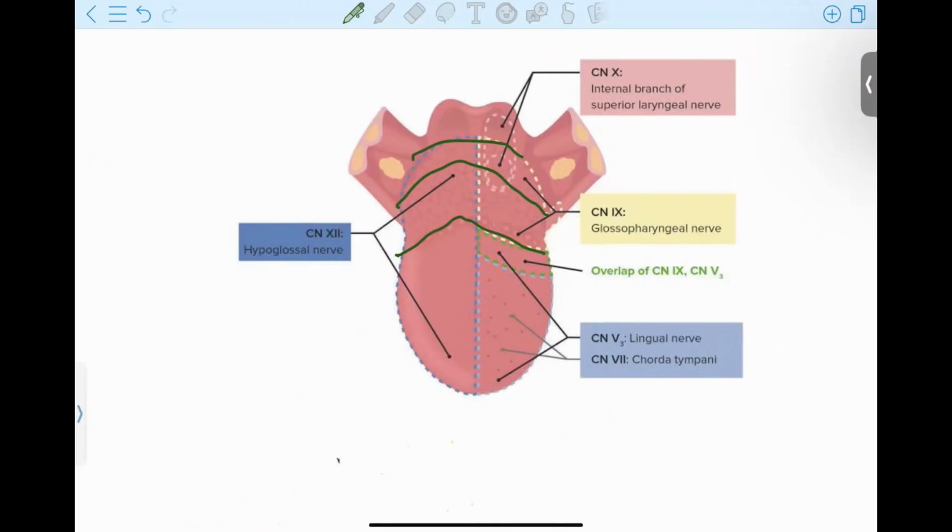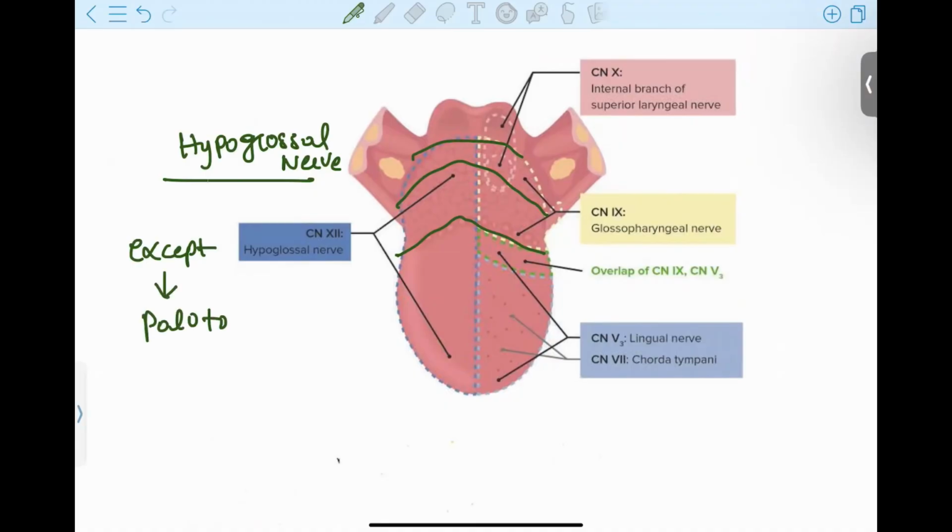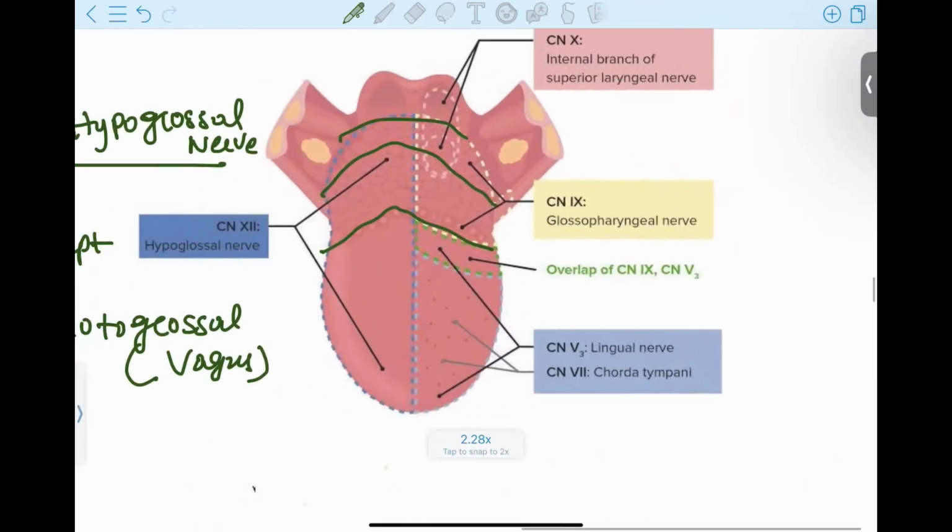All the muscles are supplied by the hypoglossal nerve only, except the palatoglossus. The palatoglossus is supplied by the vagus nerve. That is the only difference. And next, coming to the general sensation: the general sensation is by the lingual nerve, but the taste sensation is by the chorda tympani.